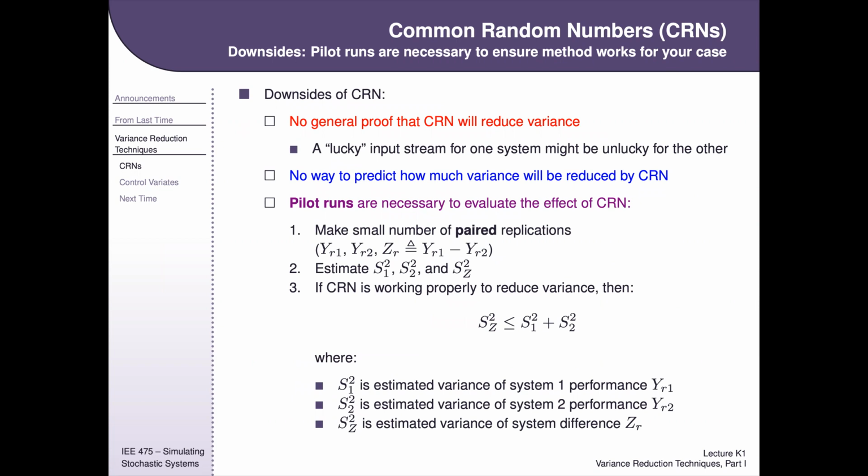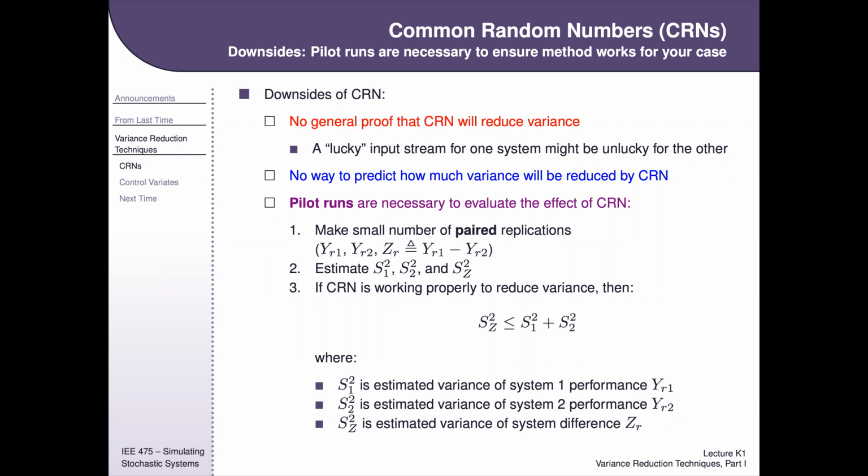The downside of CRN basically is that we don't know if it works. So it usually works, but the only way you can kind of guarantee that it works is by running a pilot study where you compare your variance before and after you do CRN. So you could say, I'm going to run my 10 replications independently from the other 10, or I'm going to run them with the same pseudo-random number generator seeds, and I'm going to see if I get an improvement.